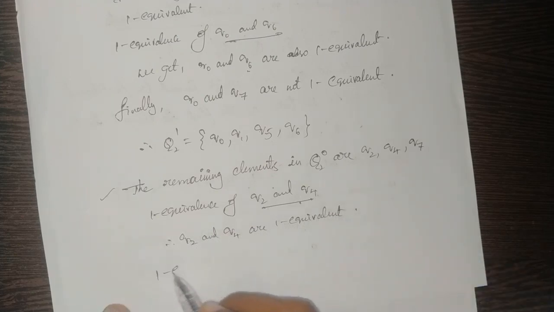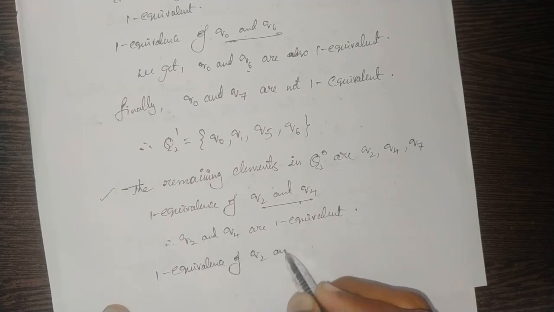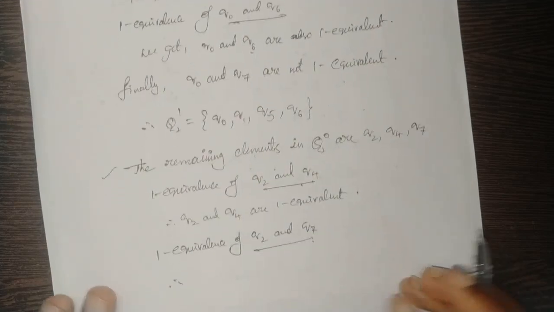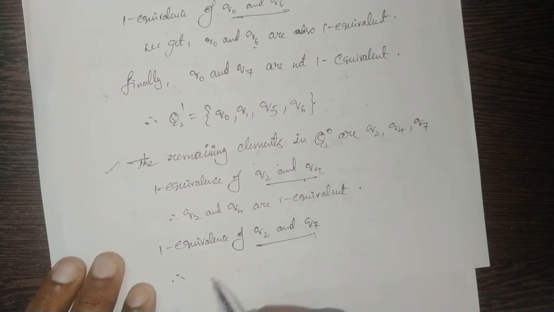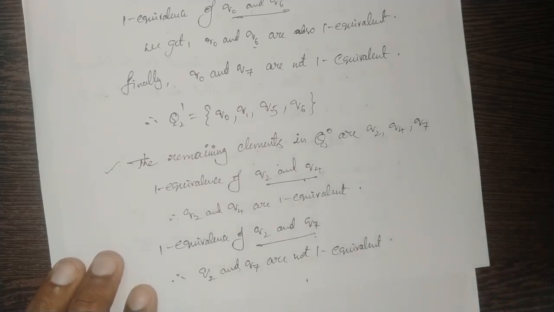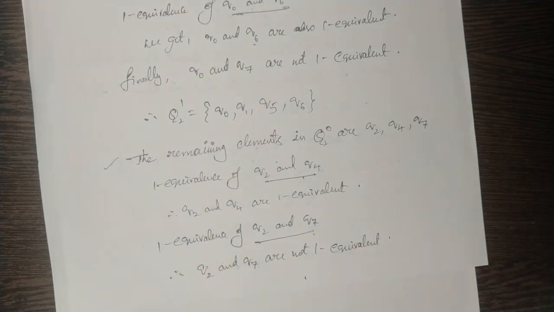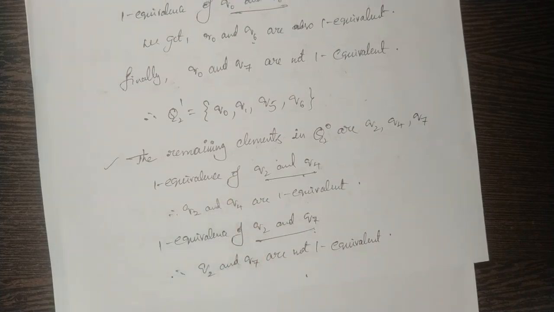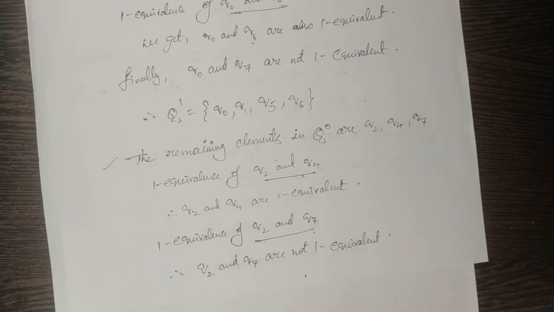And check one equivalence of Q2 and Q7. By observing the transition table, we conclude that Q2 and Q7 are not one equivalent. So check yourself for these two things. Therefore, we take these two states as one element and Q7 as another element.